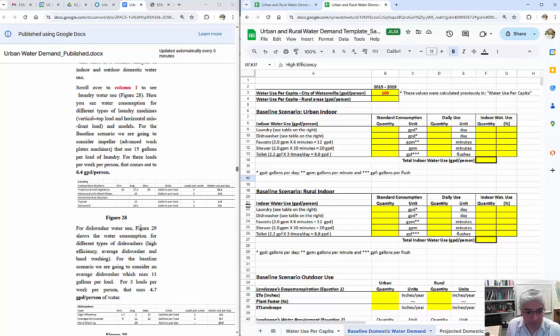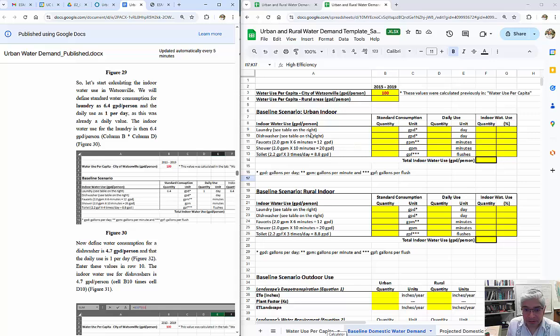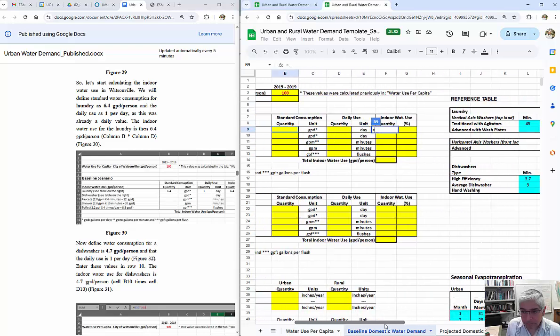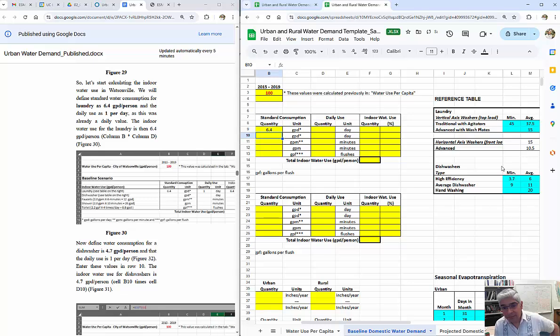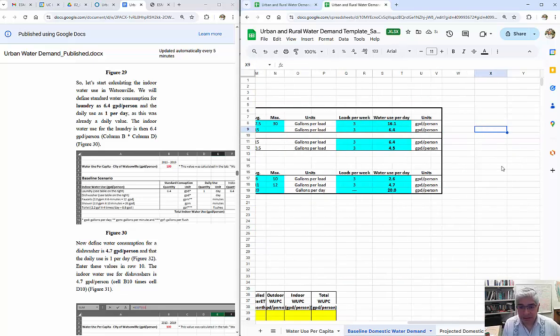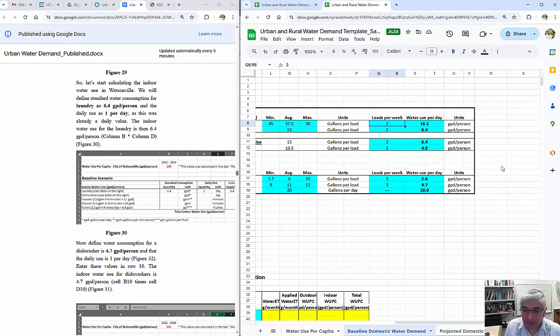So here it is explained that much. In this case, for the laundry, for the urban, we're going to be using this advanced washer. So we're going to be using this many water uses per day. Basically what we're doing here is units: what is their load capacity, how many times you use it per week, and then dividing these.